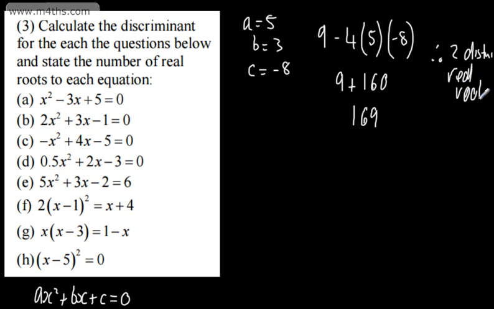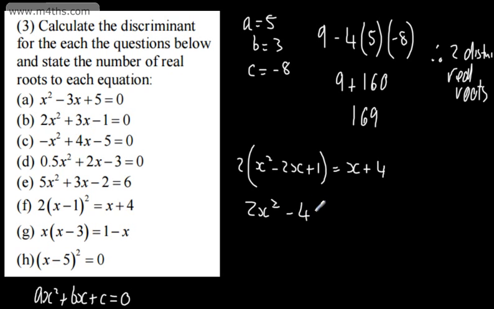Okay, let's look at the next one. What have we got? Okay, with this one, we need to put it in the form ax squared plus bx plus c. So if we do that, just writing out the brackets, we'll have x squared minus 2x plus 1, and that's going to be equal to x plus 4. So we've got 2x squared, we're going to subtract from that 4x, we're going to add to that 2, and that's equal to x plus 4.